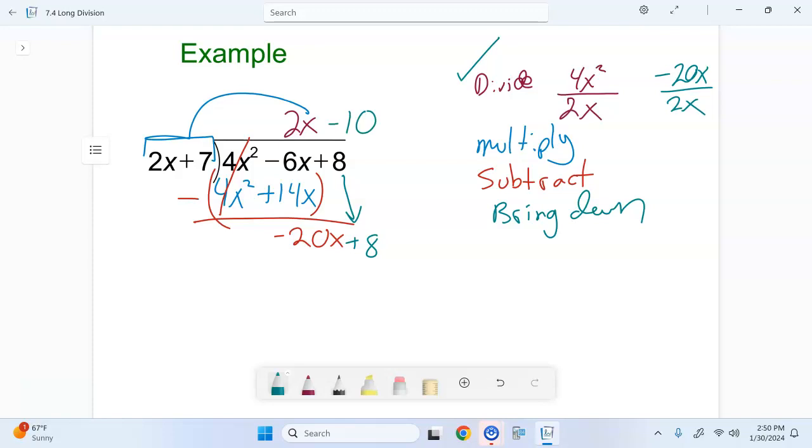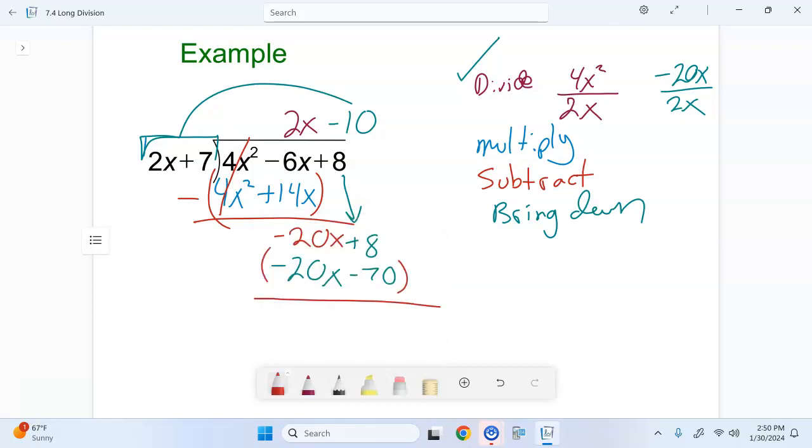Next step. So, negative 10 times 2x, minus 7. Next step, subtract. So, negative 20x minus negative 20x.